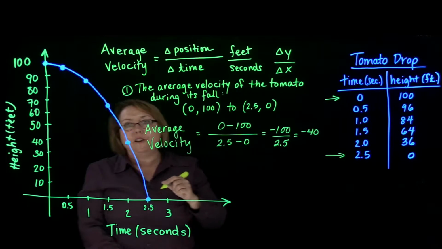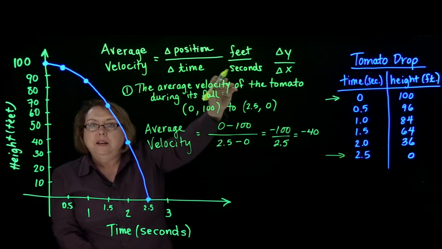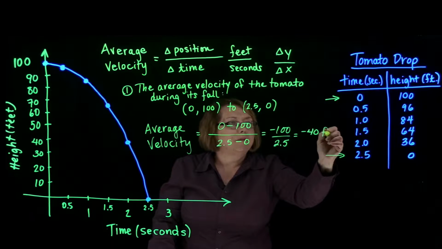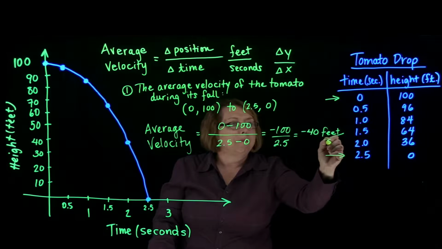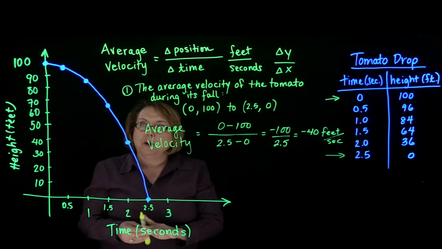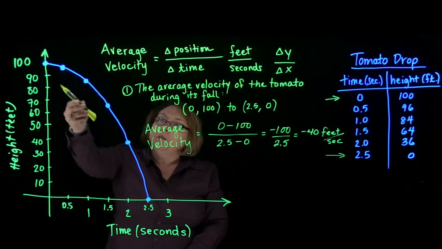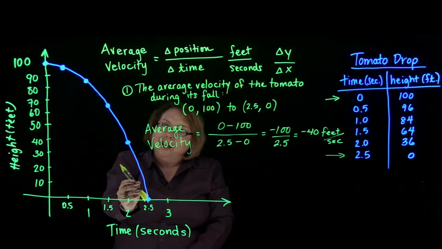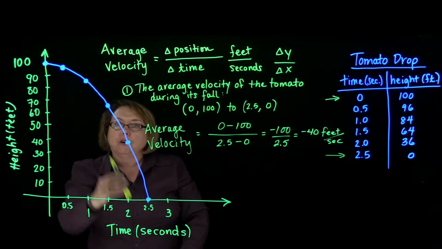And what did I say the units were? Feet per second. It's as if I drew a straight line from this point to our last point and computed the slope of that line.